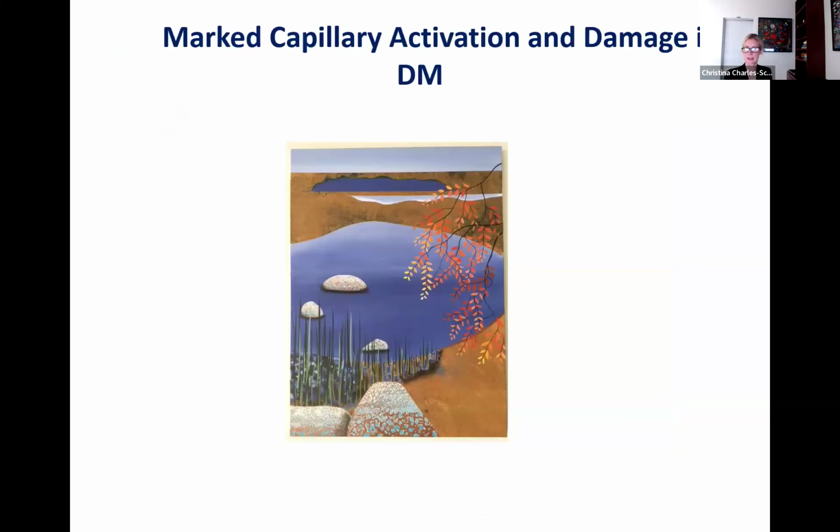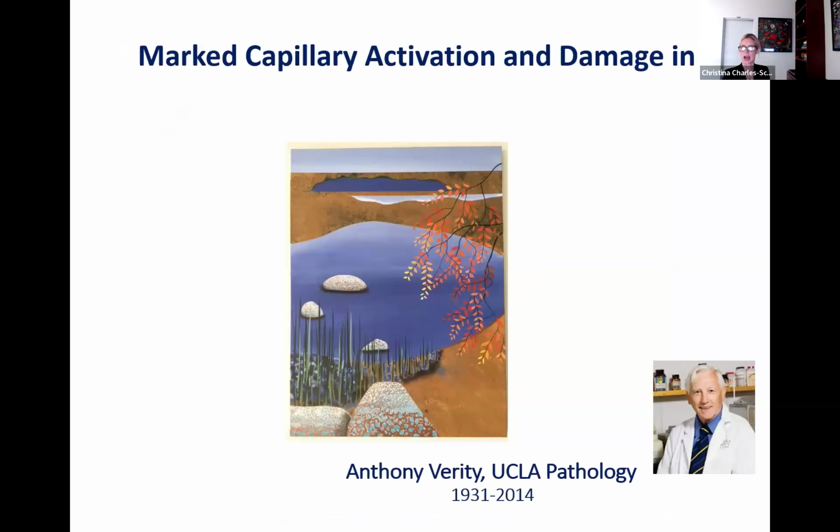This is a painting. It's in my home. I love this painting. It was painted by Tony Verity, who I worked with for years, a world famous muscle pathologist and just a lovely guy. I think it's very important when you think about your muscle biopsy to consider who's reading it and the report and what they're saying, because there's such variation in what is reported in muscle biopsies.